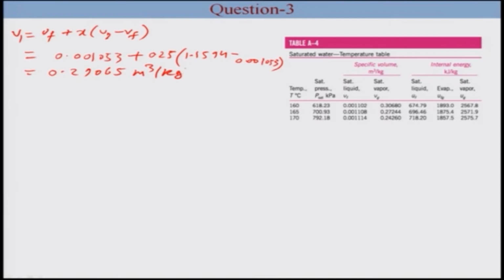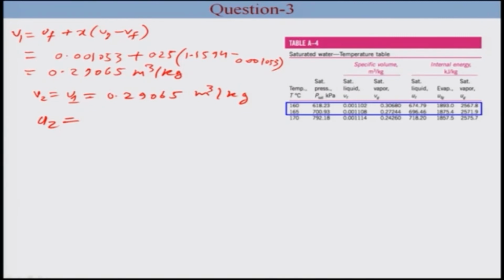Okay, so now we need to know internal energy and specific volume at state 2. Since it is given that volume is not changing, V2 will be equal to V1, which is 0.29065 meter cube per kg. We have to calculate internal energy at this state. Internal energy can be calculated at this given specific volume from this table.